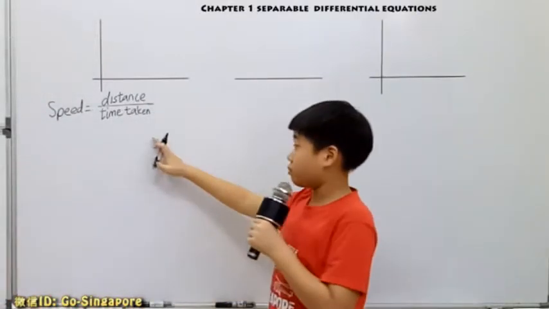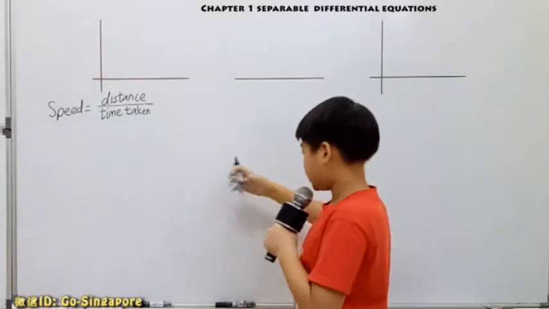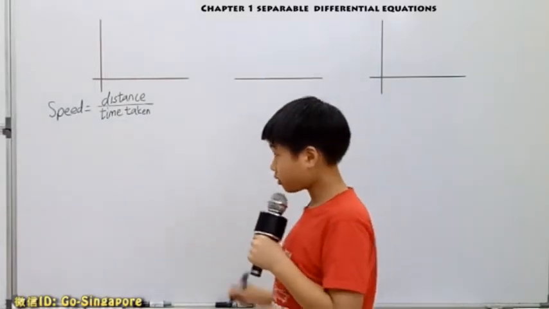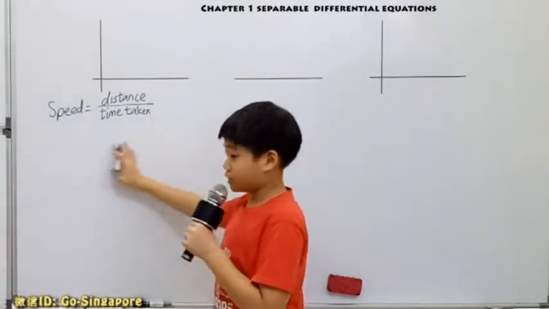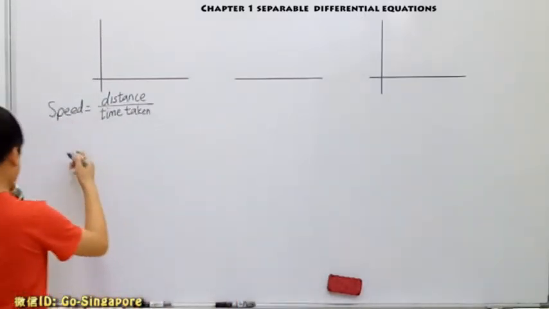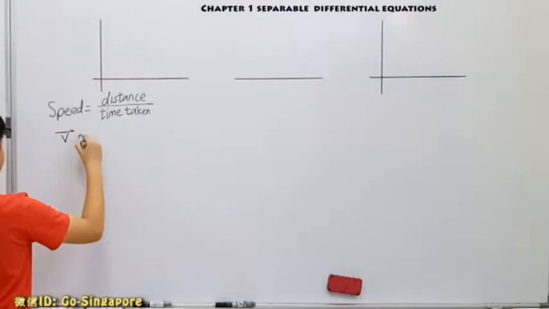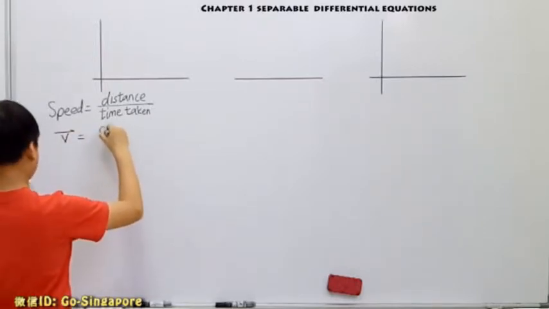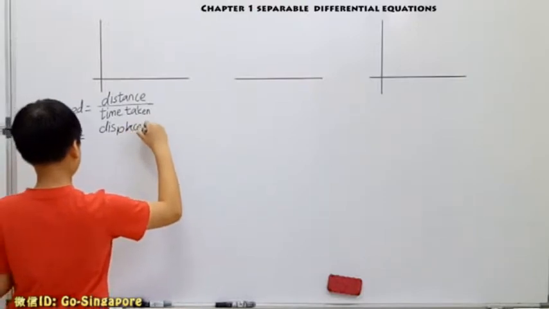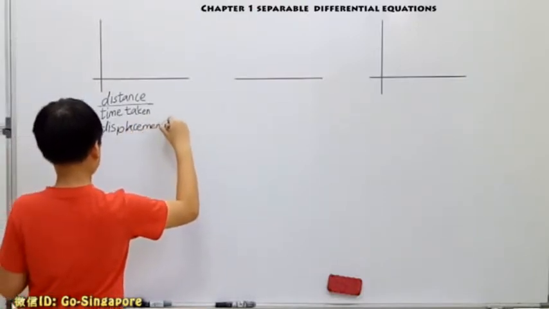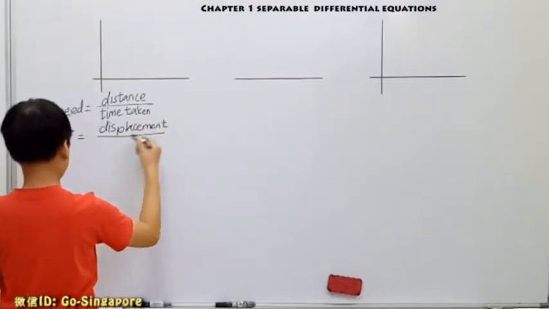Remember, this is the average speed. One thing that you might get confused with speed is the velocity. Remember, velocity is the displacement over the time taken.